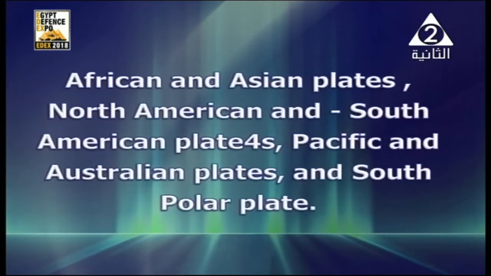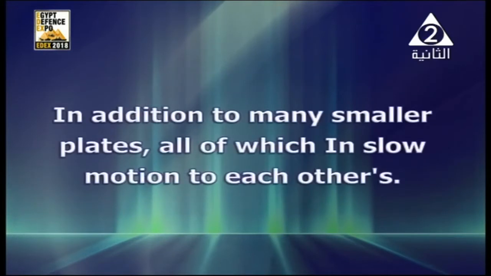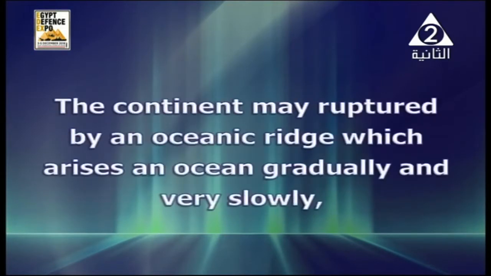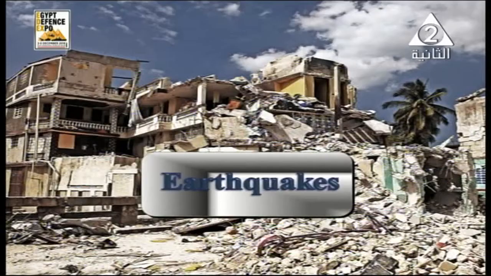They are the Africa, Asian, North America and South America, Pacific and Australian plates, and the South Pole plate, in addition to many smaller ones. The continents may be ruptured by the oceanic ridges, which gradually and very slowly give rise to an ocean.